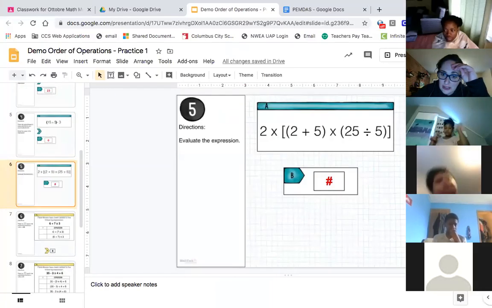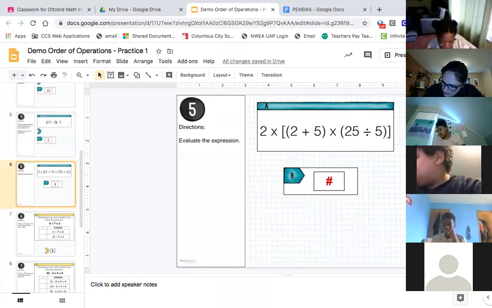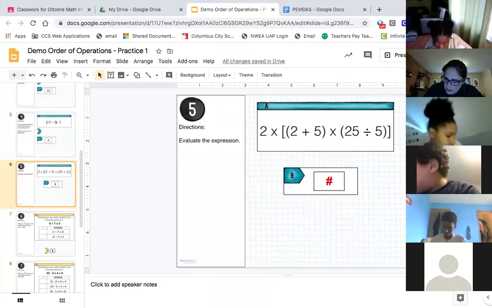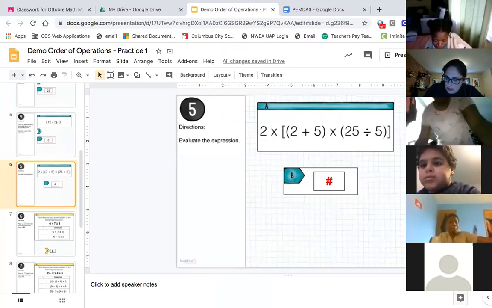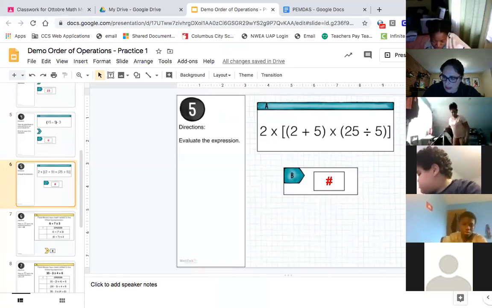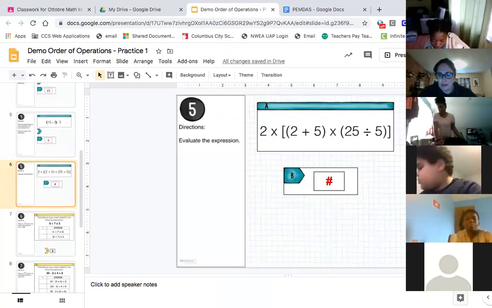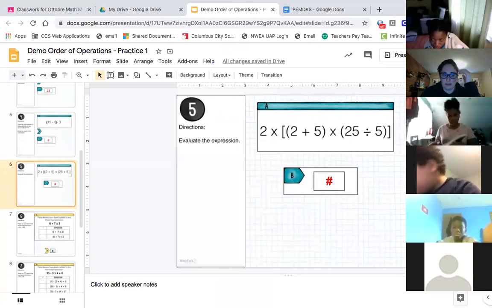All right. So if you guys could please copy down this problem just like you see it up here, that is great. So go ahead and do that. We have 2 times, and then a bracket, then parentheses 2 plus 5, parentheses, times 25 divided by 5, parentheses, bracket. So make sure you copy that down just like you see it right there.